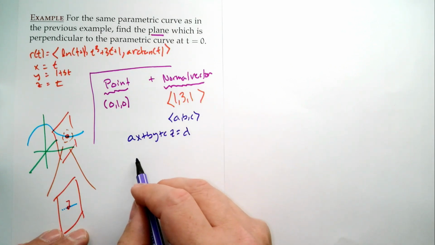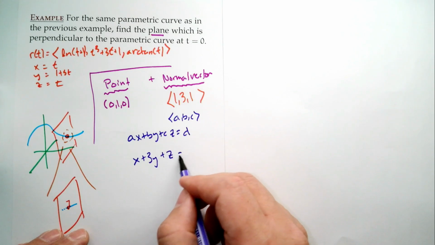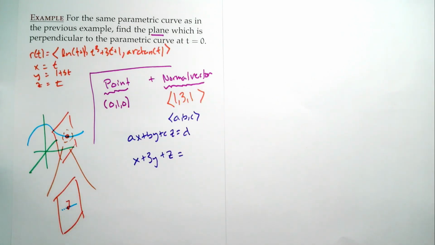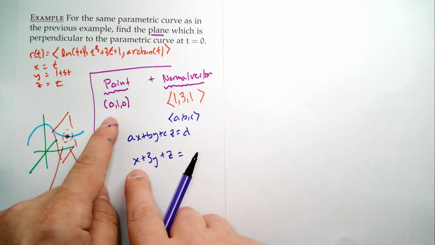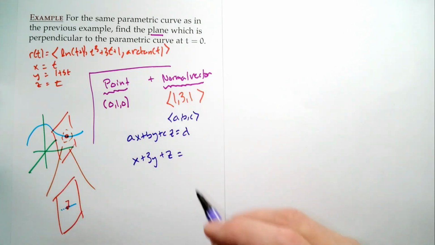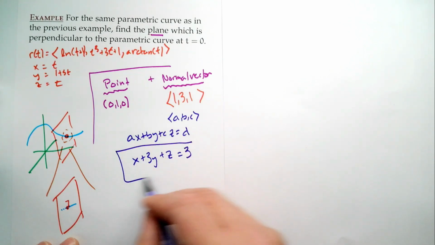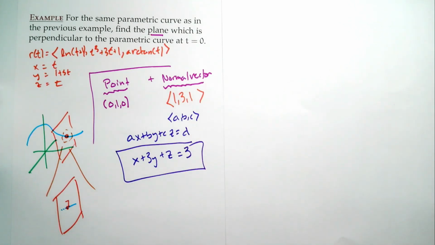So for us, we're going to get x plus 3y plus z equal to something. All right, how do you find out the something? Plug in the point. 0 plus 3 plus 0 gives us 3. And that's it.